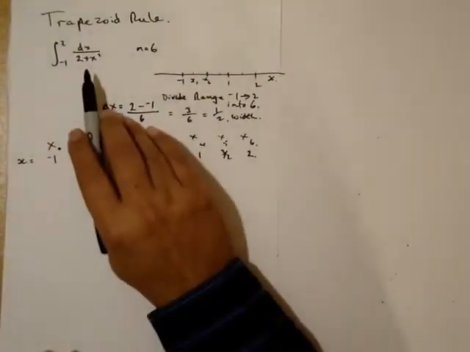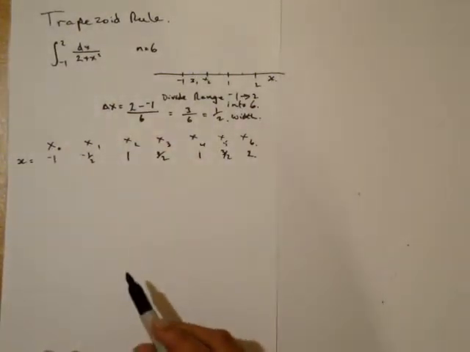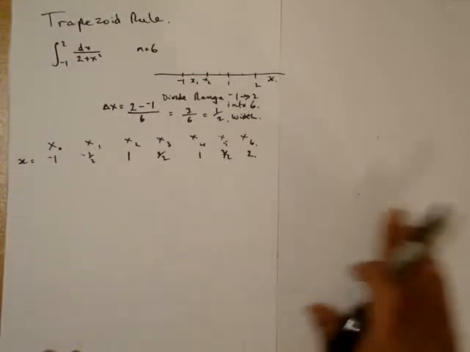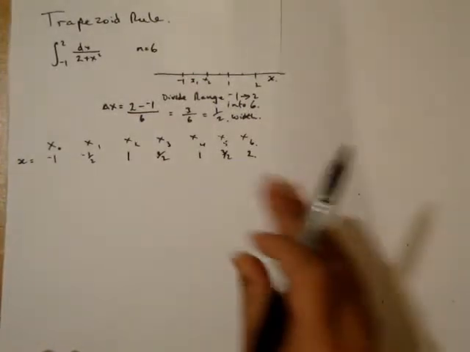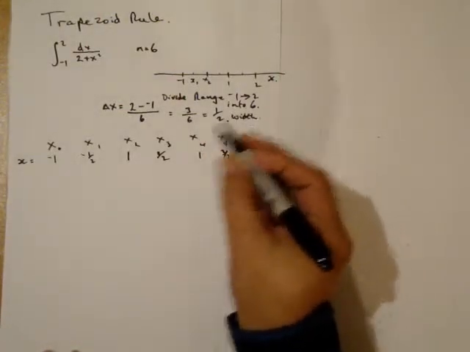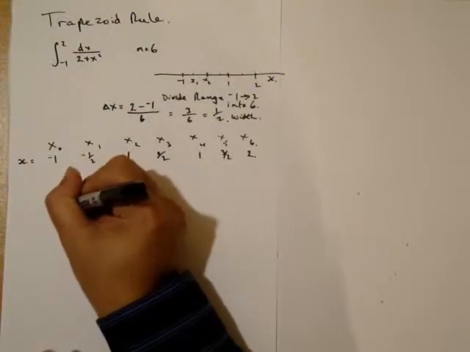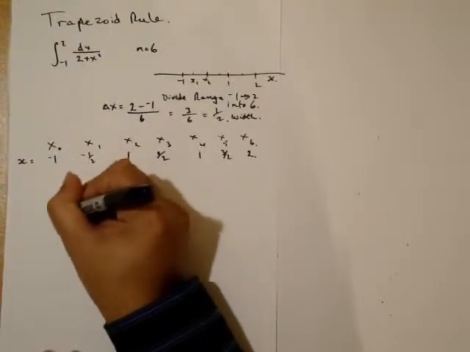Now we plug our x values into our equation and apply our trapezoid rule. So the trapezoid rule says it's the width, which we said was a half, divided by 2.